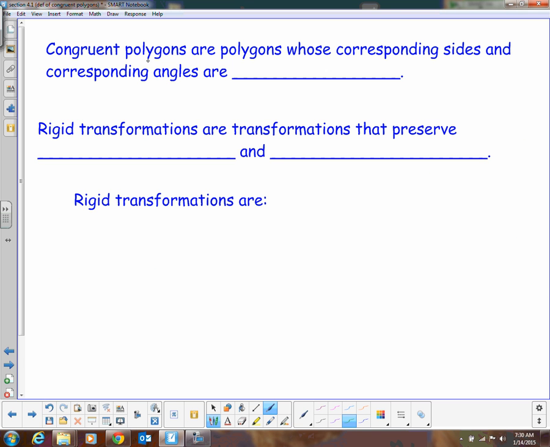All right, congruent polygons. Polygon means many-sided figure, in case you didn't know. Congruent polygons are polygons whose corresponding sides and corresponding angles are congruent. If you recall, rigid transformations are transformations that preserve angle measure and lengths.